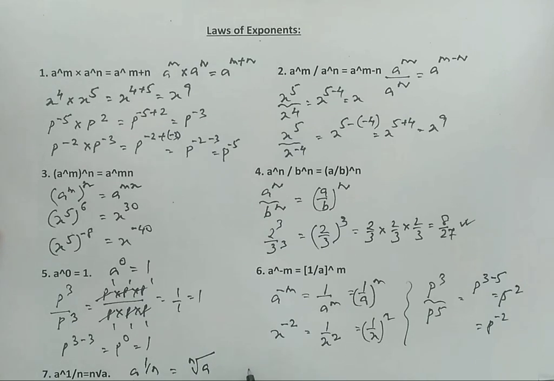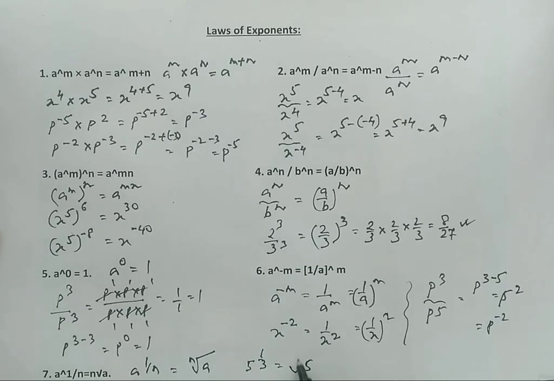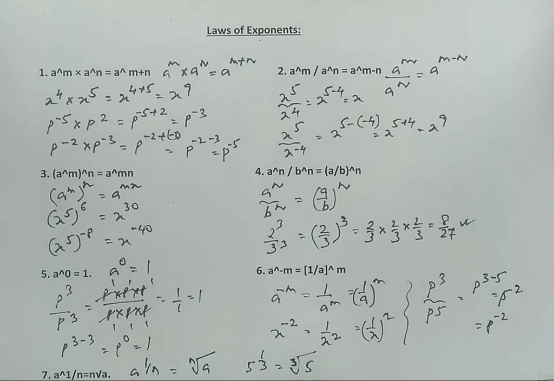So if I write say 5 to the power say 1 by 3, what does it mean? It means that 5 has a cube root, 5 cube root. Got it?